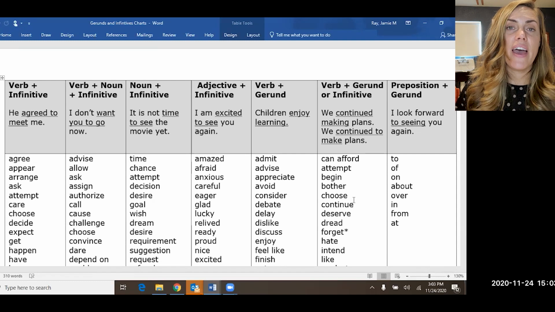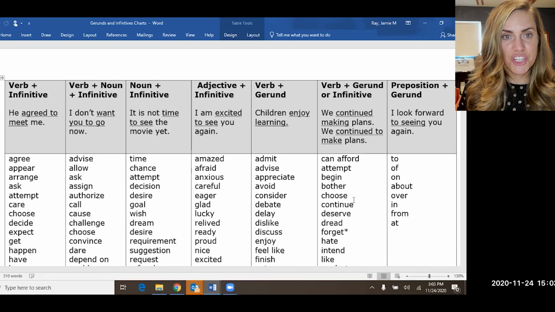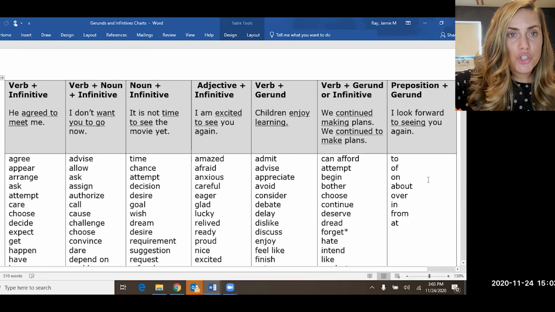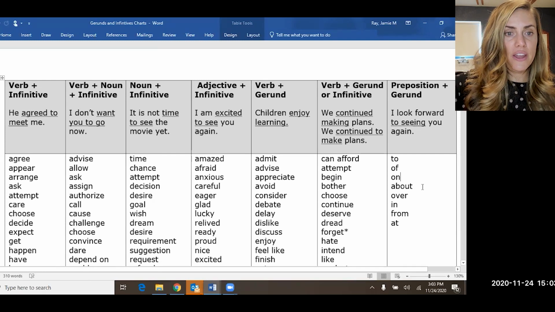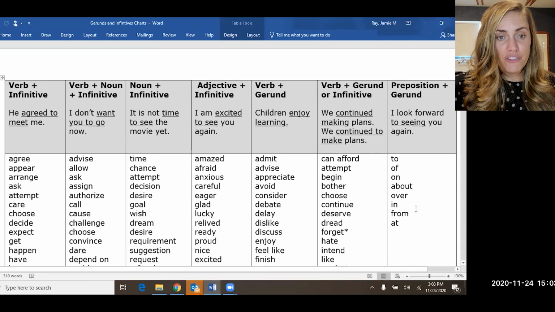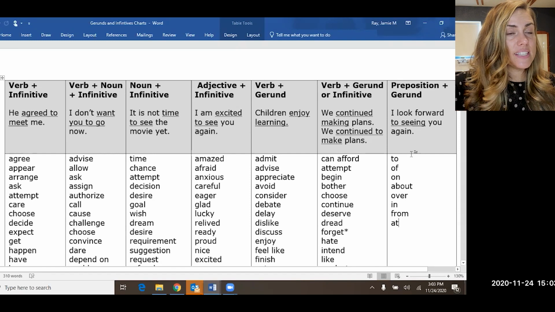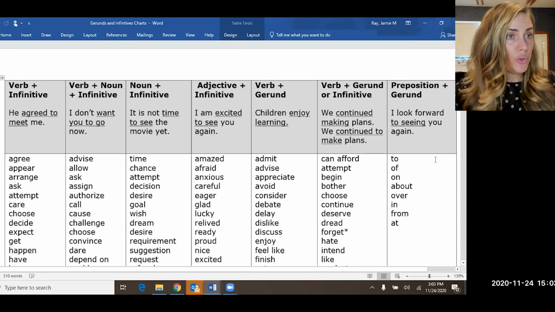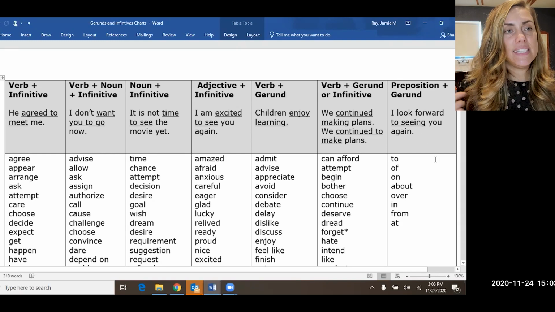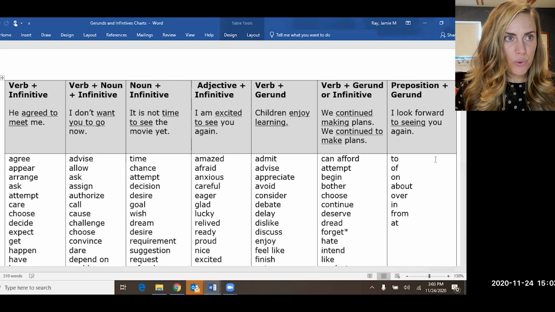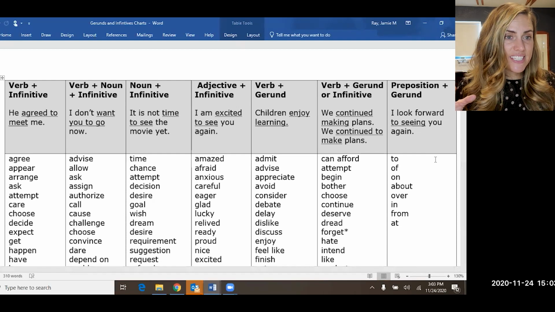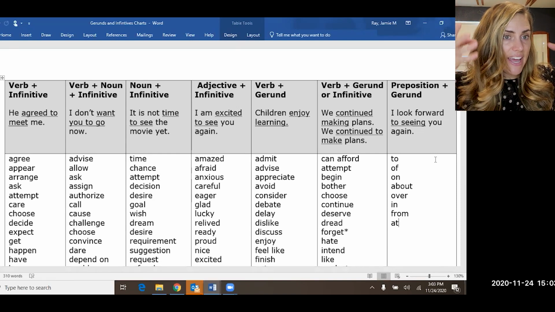That means that they come after a preposition. So words like to, of, on, about, over, in, from, at. Look at the example here. I look forward to is the preposition, seeing you. That's the gerund, okay?